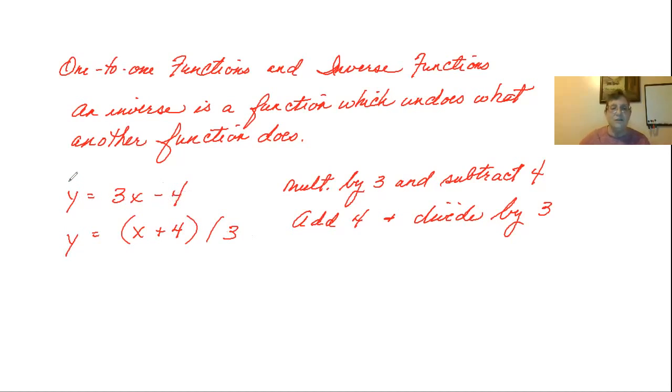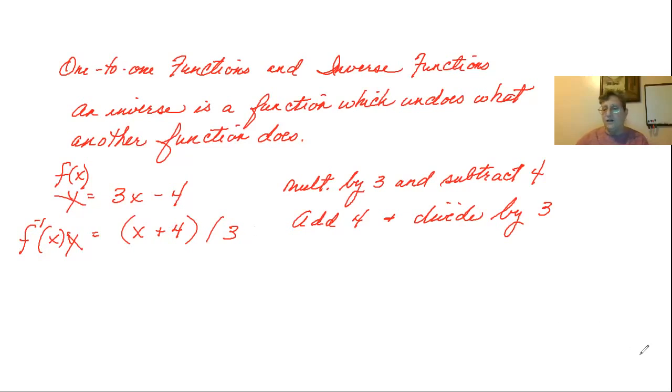The notation we use for a regular function is f of x. The notation we use for the inverse of f of x is this f with the little -1 up here. This isn't actually used as an exponent. It simply means the inverse of f. So if f of x is 3x minus 4, the inverse of f is (x plus 4) over 3.